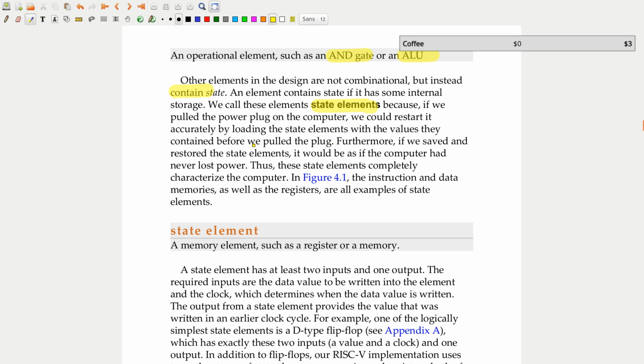A key thing to wrap your head around is that if we pulled the plug on this computer, we could restore some values because it saves some state elements. And so it'd be like we never lost power. If we had something combinational and we shut it down, when we turn it back on, we have no guarantees about what values will be where.